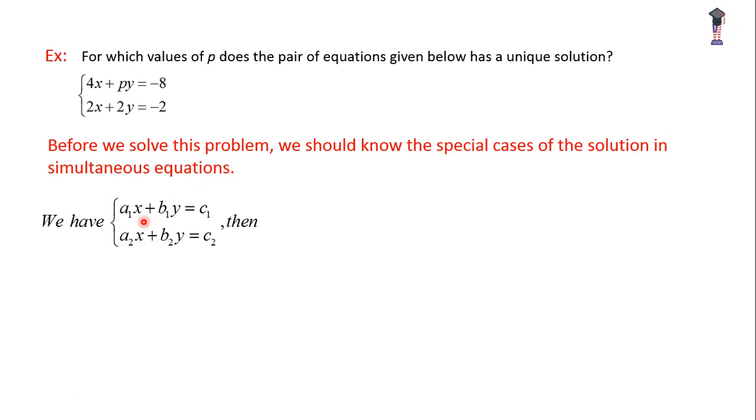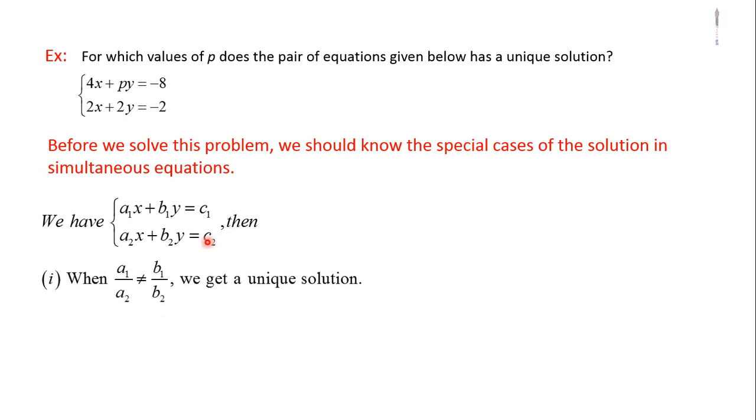If we have a simultaneous equation, I name this general simultaneous equation as a1x plus b1y equals c1, a2x plus b2y equals c2. Then we get 3 possible special cases of the solution.